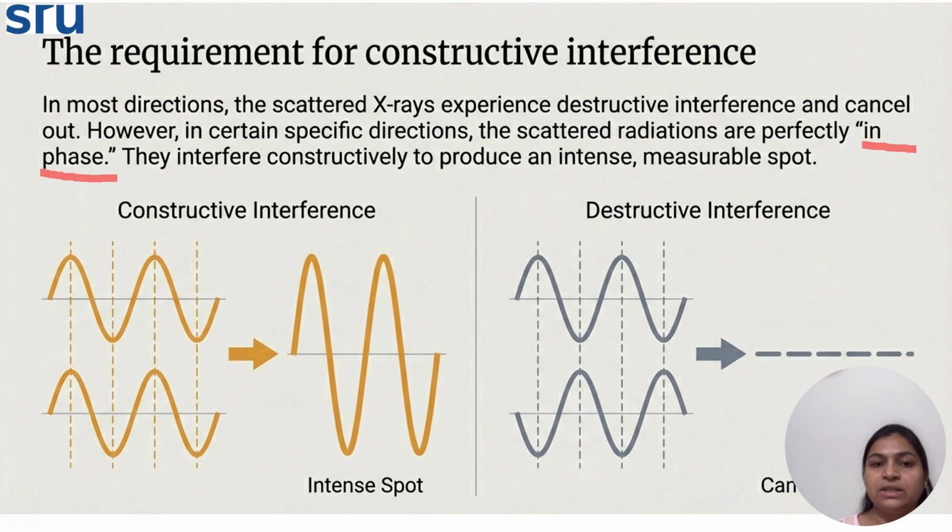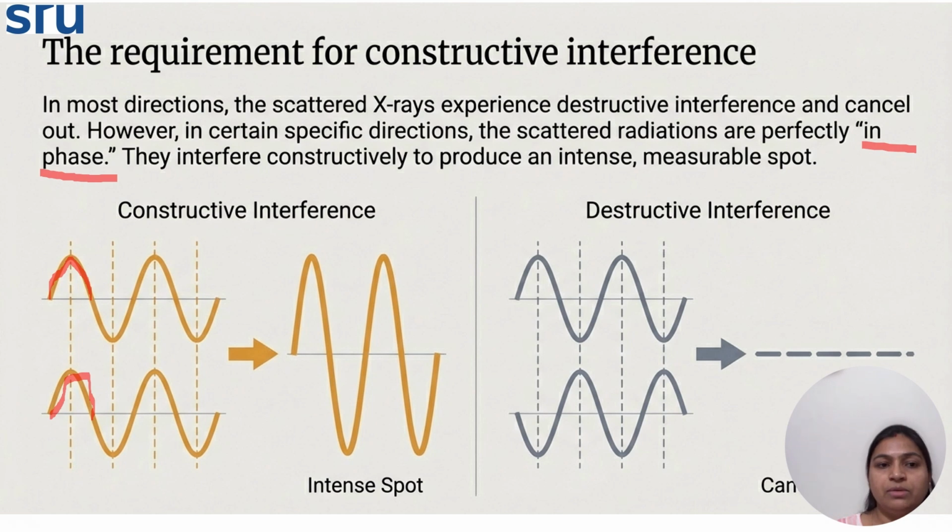So what are constructive interference and destructive interference? When similar rays come in the same phase, see here this positive part and this positive part, both are in the same phase.